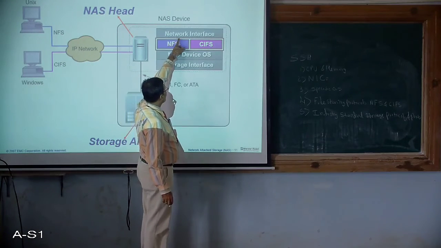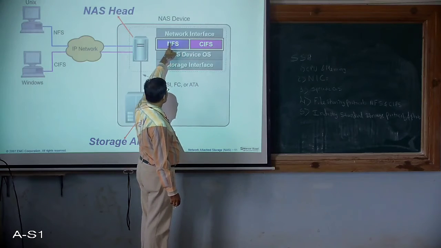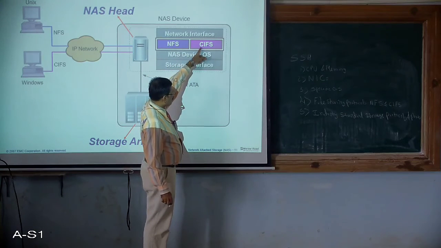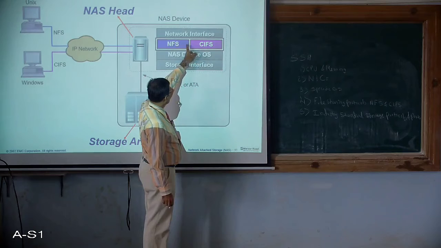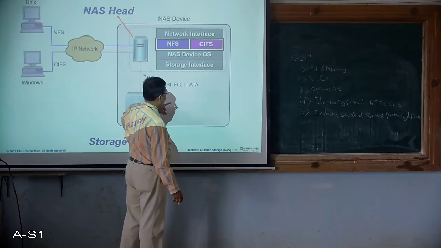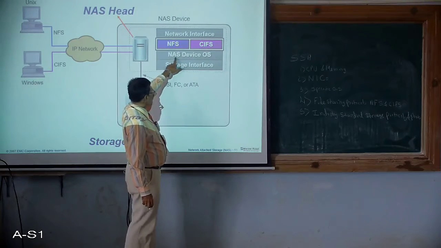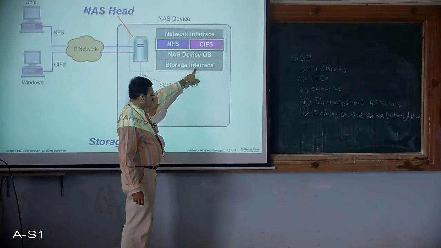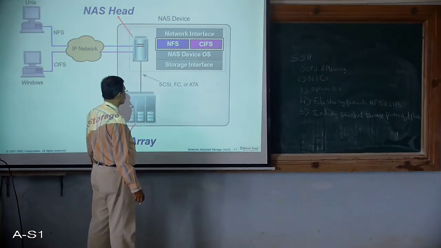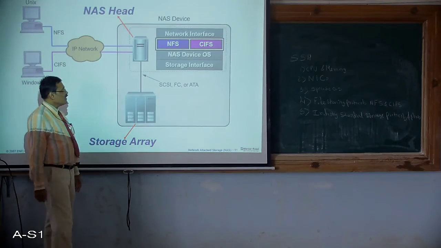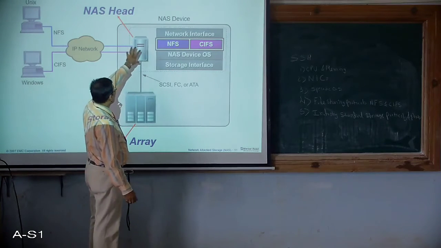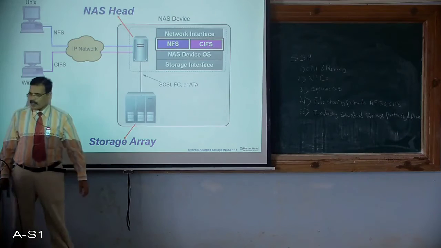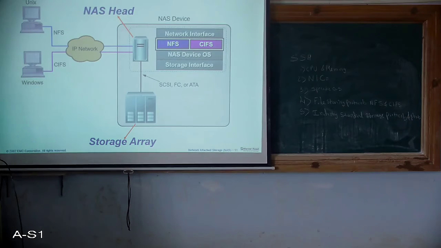So here we have a network interface card, NICs. We have protocols like NFS and CIFS for file sharing purposes. The NAS device also consists of a specific operating system and the storage interfaces, which consist of protocols and ports to connect. So these are all the parts of your NAS head, and this NAS environment includes clients accessing an NAS device over an IP network.